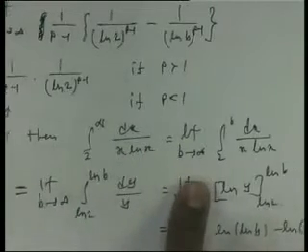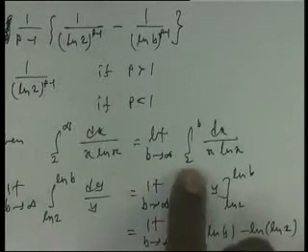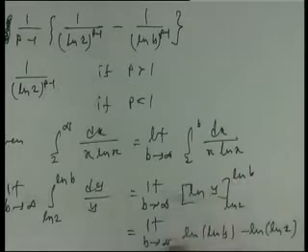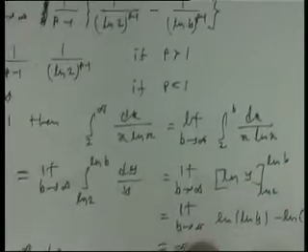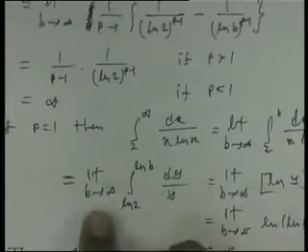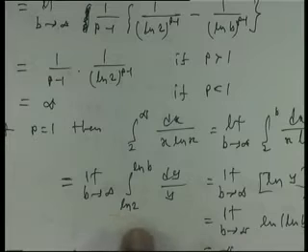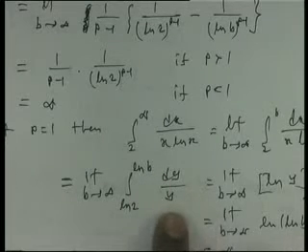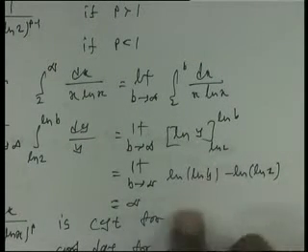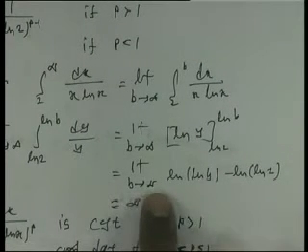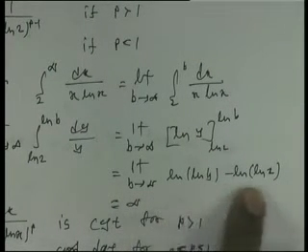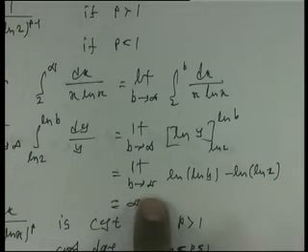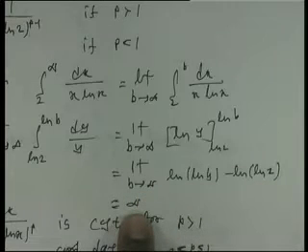This is limit b tends to infinity integration 2 to b dx upon x log x. The next term is limit b tends to infinity, log 2 to log b dy upon y. When we substitute the limit, it is finally limit b tends to infinity log of log b minus log of log 2, and the limit is nothing but infinity.